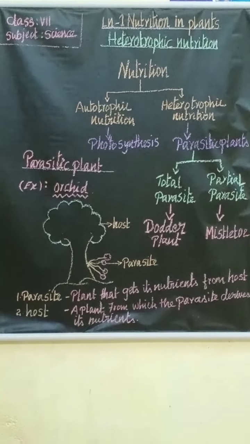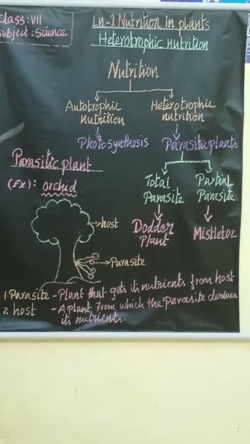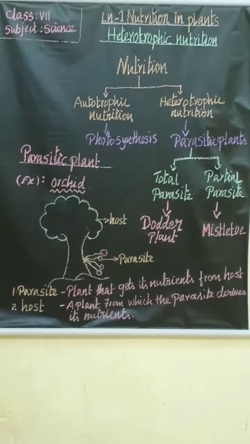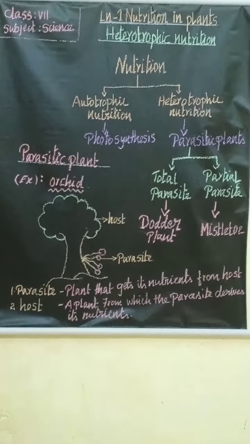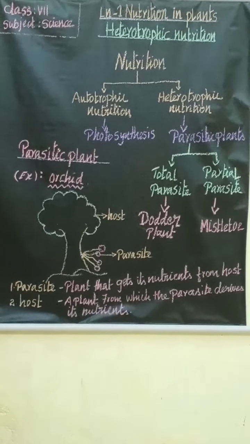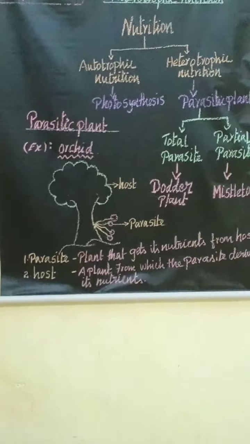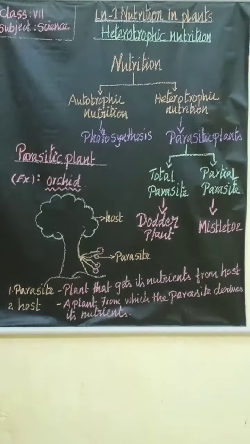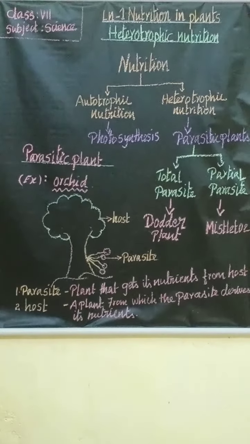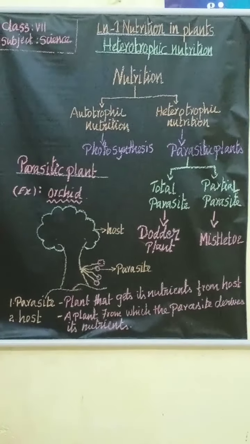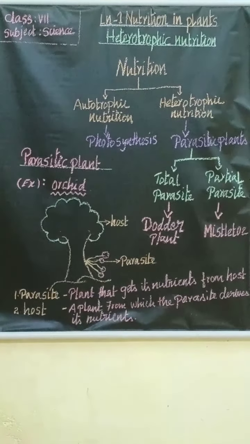Yes, we need to enter into this topic, heterotrophic nutrition. What is heterotrophic nutrition? Heterotrophic nutrition is the kind of nutrition where an organism depends on other plants or animals for its nutrition. This is called heterotrophic nutrition.